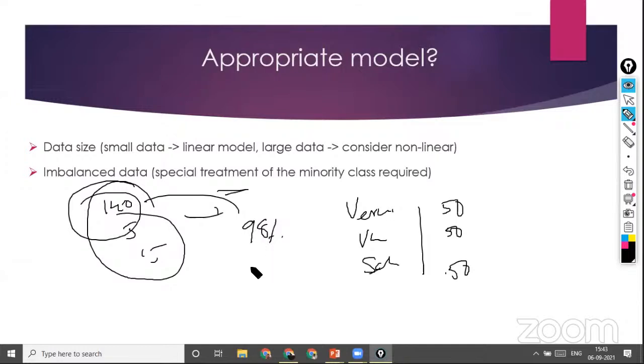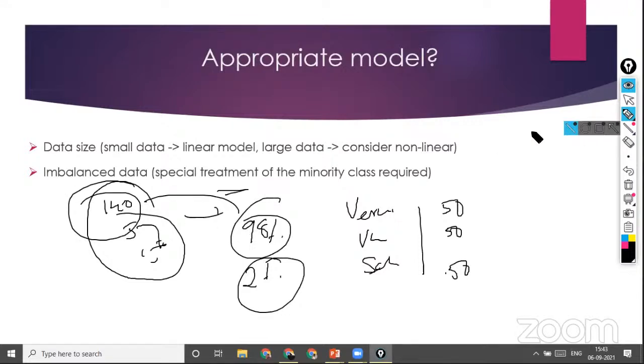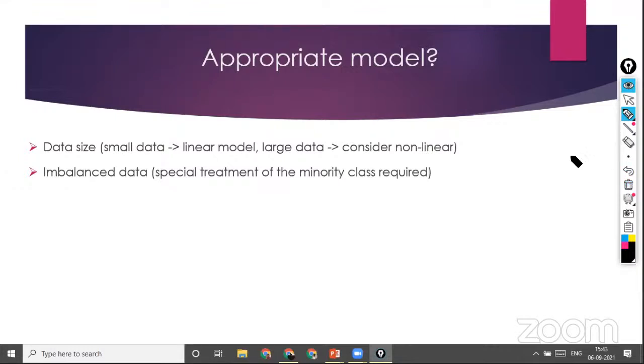But the 2% is very important here, because you're actually missing these two important classes. So accuracy is not a good measure if you have imbalanced data. You would need some kind of treatment for these minority classes. There are many techniques to make this data set balanced. So that's about the appropriate model that you should be choosing.